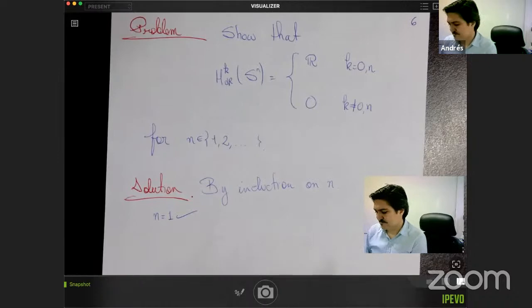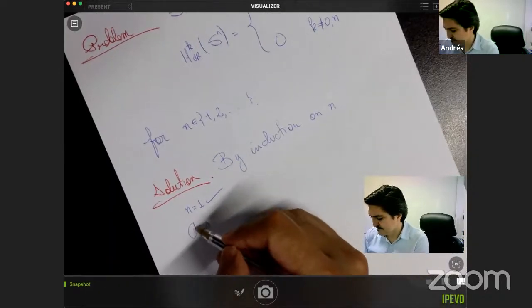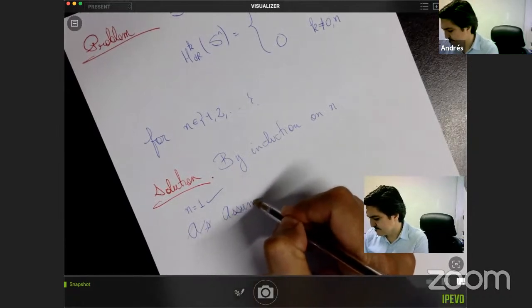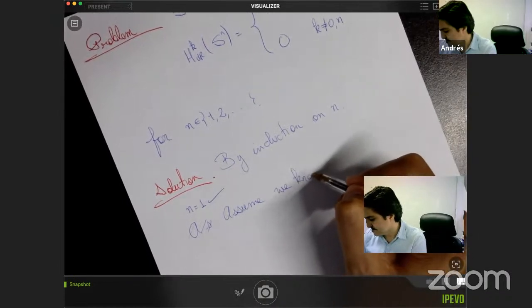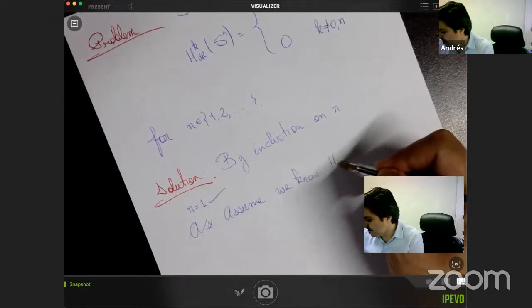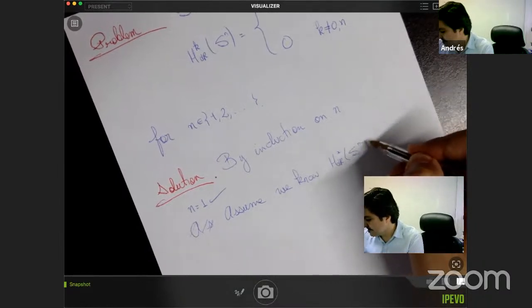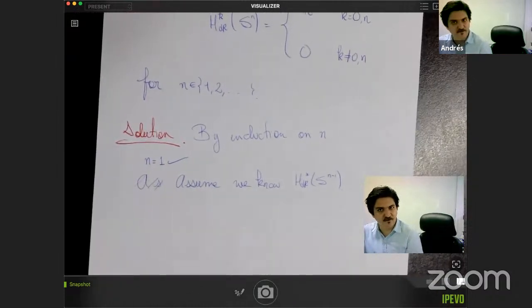So let's assume that we know the cohomology of the (n-1)-sphere in all of the degrees, and let's compute the cohomology of S^n.